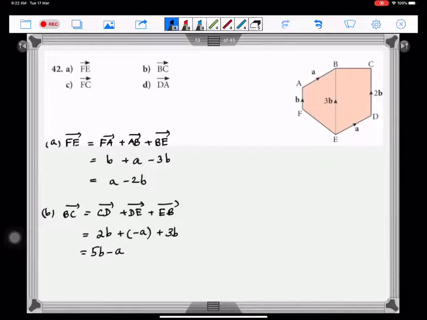Third part, FC. FC is FA plus AB plus BC. That would be going like this.